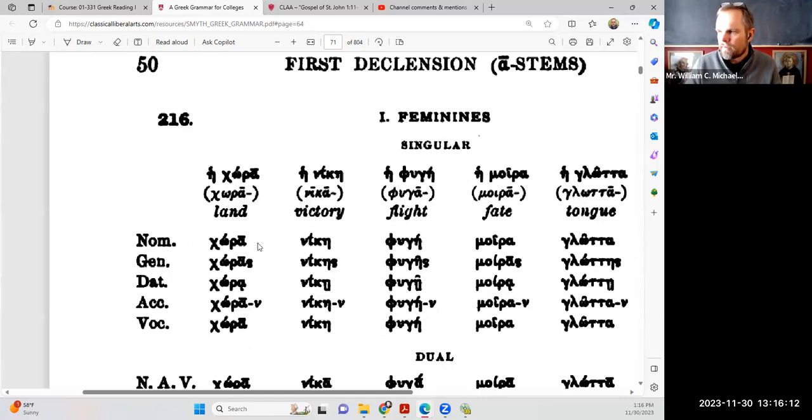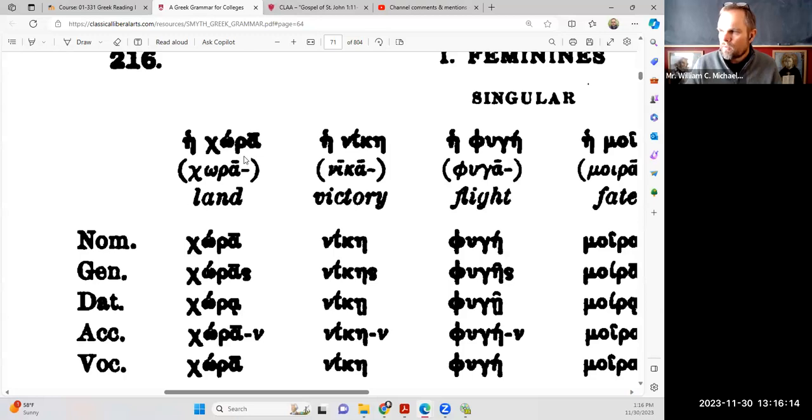I'll zoom in a little bit. What these words have in common is the stem ends in alpha. You can see each of these words here, the stem ends in alpha. So that's the first family we're going to learn about: Greek nouns that have a stem that ends in alpha. And when we find nouns like this, they have the same endings.